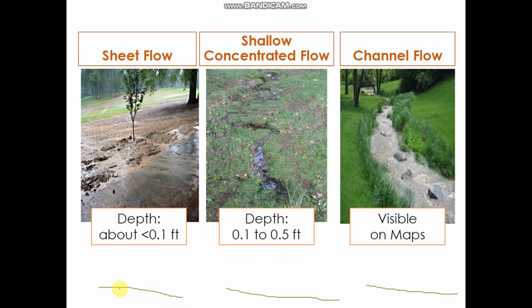Assume this as the ground surface of a land or a road, and this is the runoff traveling as sheet flow in a thin layer. It travels up to a distance of 150 feet.